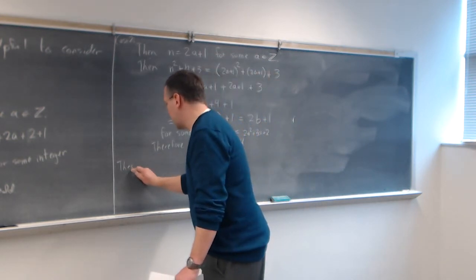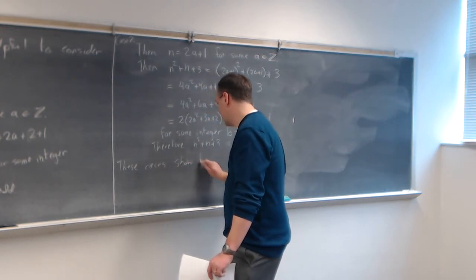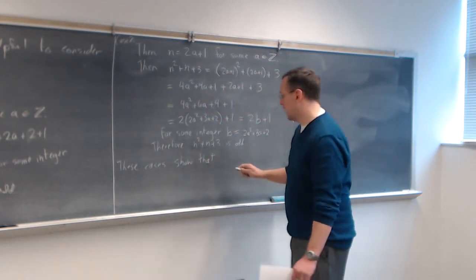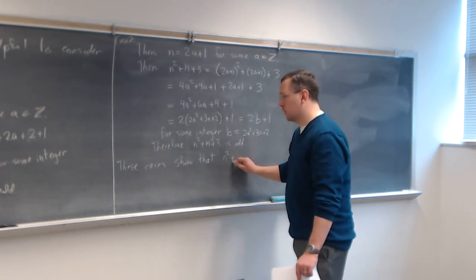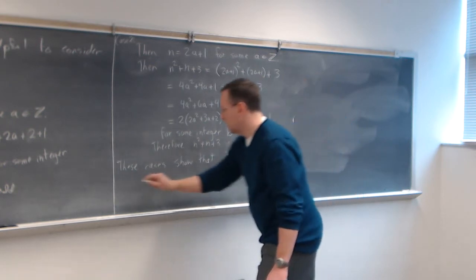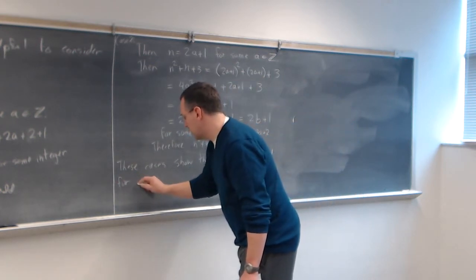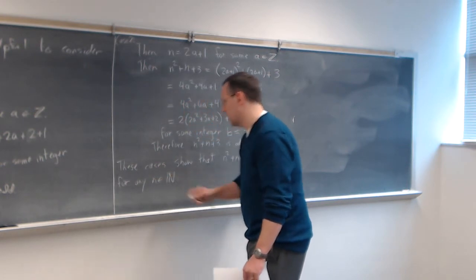So these cases show that n squared plus n plus 3 is odd for any natural number n.